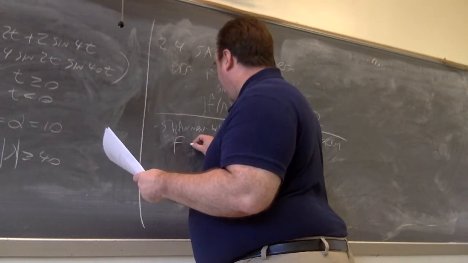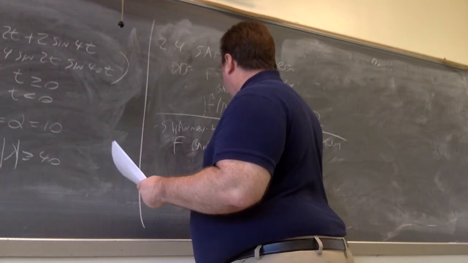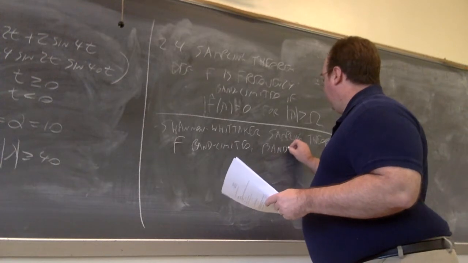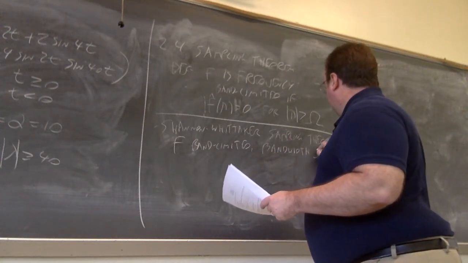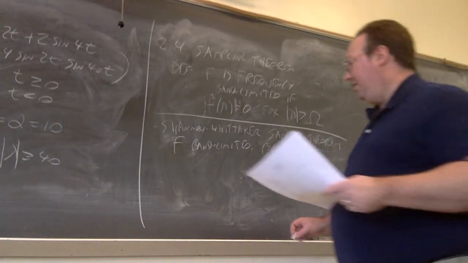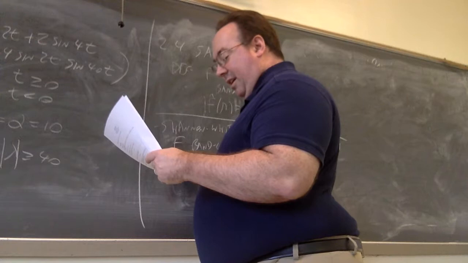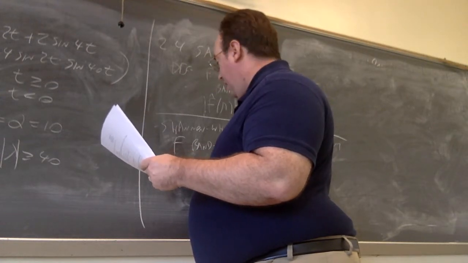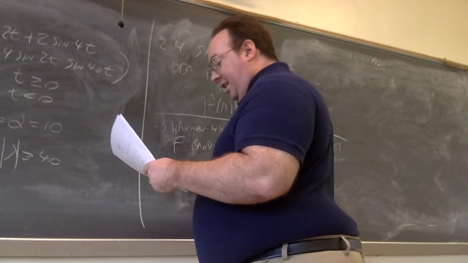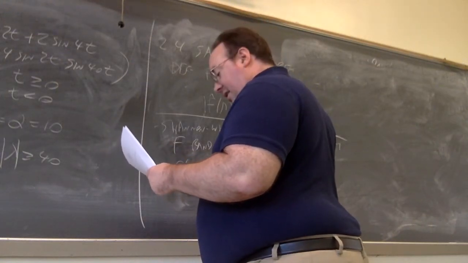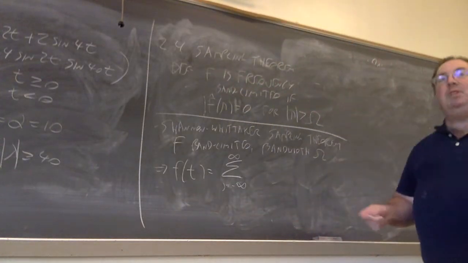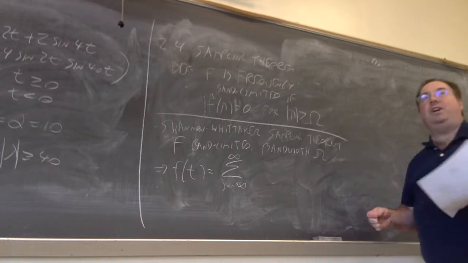Okay, so let's suppose that f is band limited with bandwidth omega. All right. Okay. So it turns out that I can express f of t at any value of t. It's determined completely by sampling f at certain regular points.